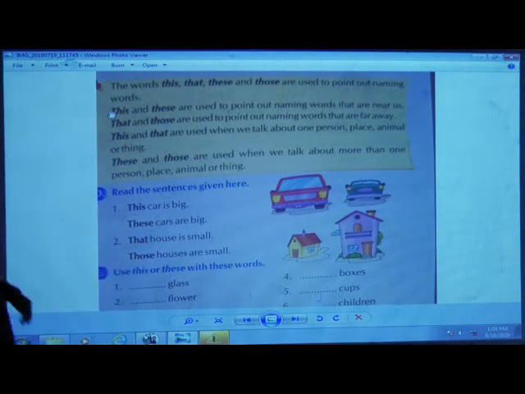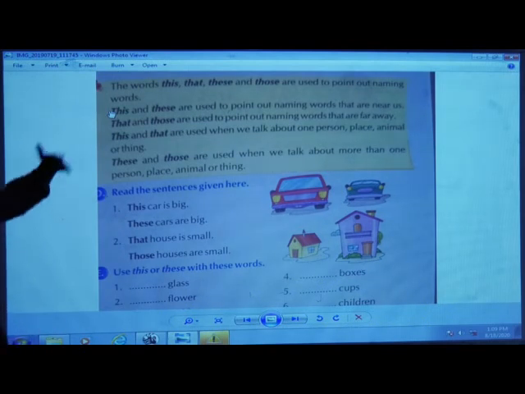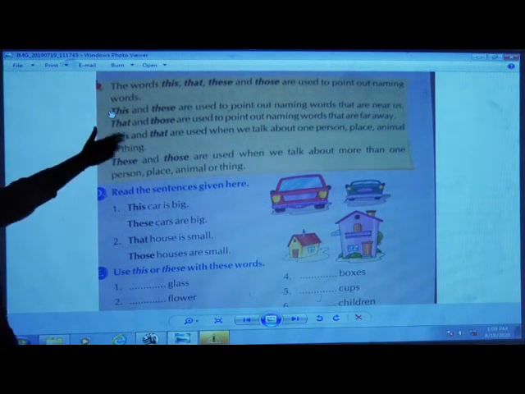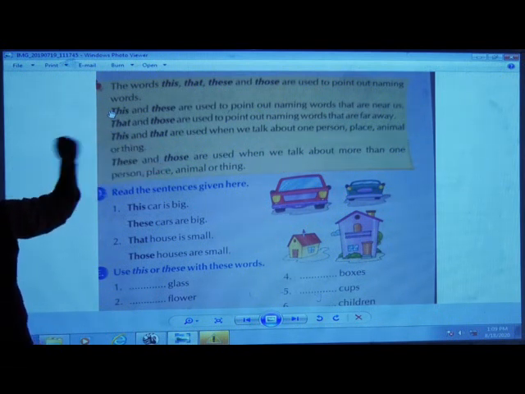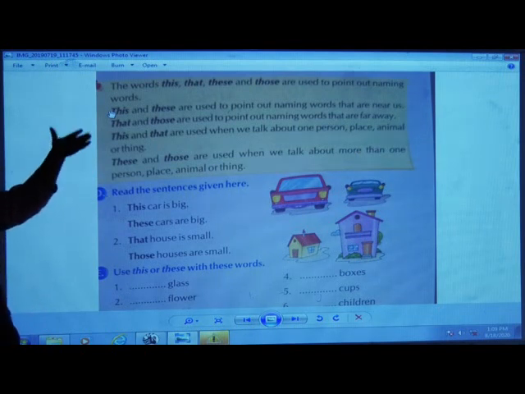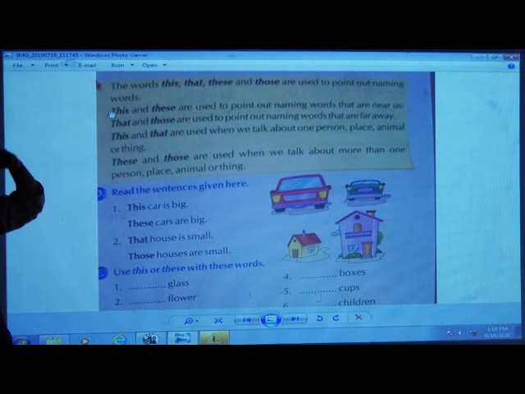So that and those are used to point out naming words that are far away. Now what is far from me, children? Window. There is a window, that window which is very far from me. Trees, those trees which are out of the window, are also very far from me.